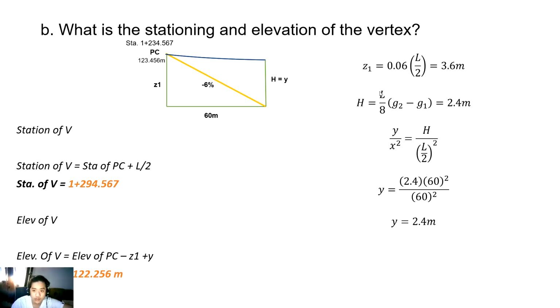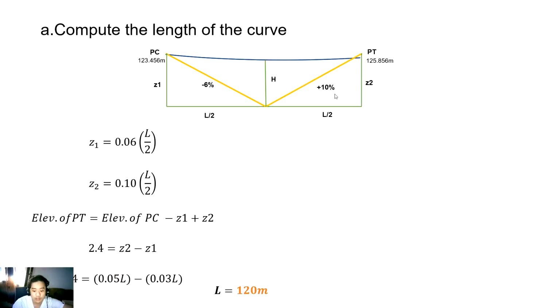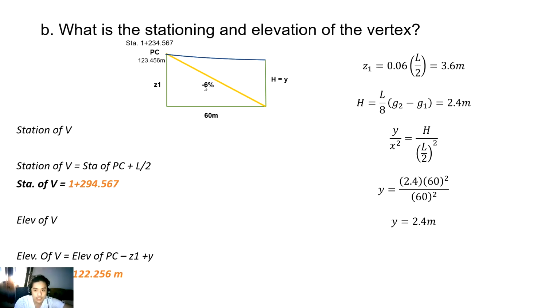So, L, which is 120 over 8. Then, G2 minus G1. So, ang G2 natin is yung forward tangent, which is itong 10%. Minus natin sa G1, which is yung negative 6%. So, we'll get 2.4 meters.